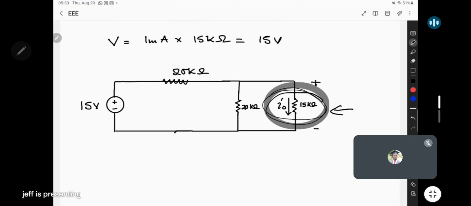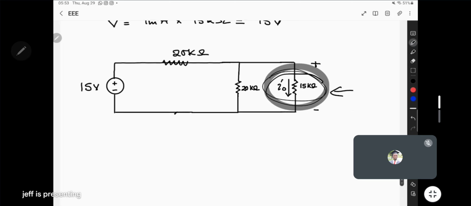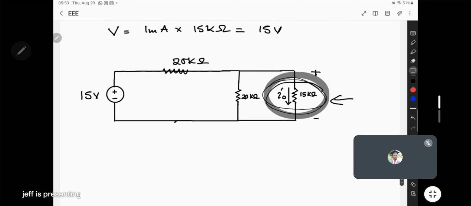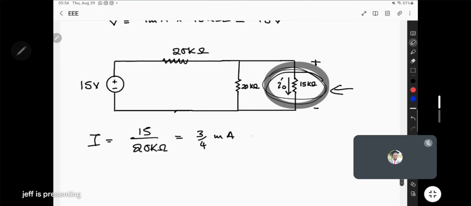At this point, we can take it back to a current source. The current involved will be voltage 15 divided by 20. So this will be 3/4 milliamps, or 0.75.